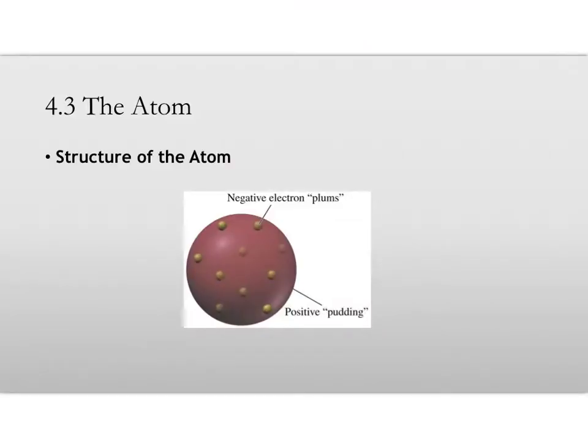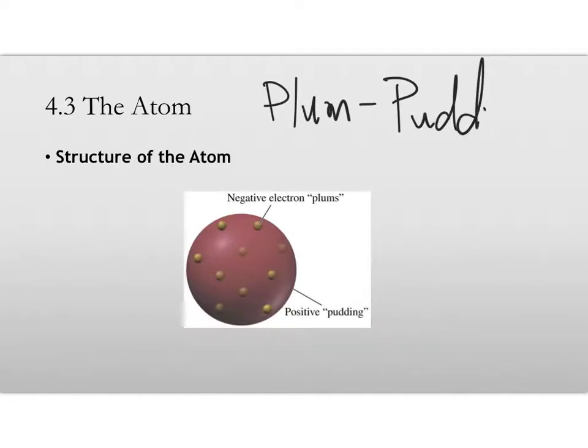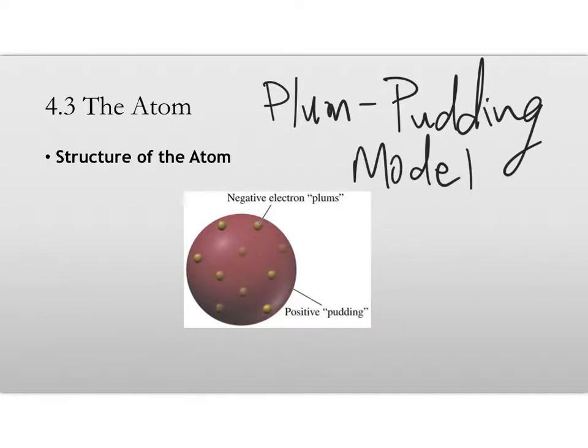JJ Thomson came up with the Plum-Pudding model of the atom based upon this research. And you can see in the picture there that the atom was figured to be a sphere. And in that sphere there were negatively charged electrons, which would be the quote-unquote plums.